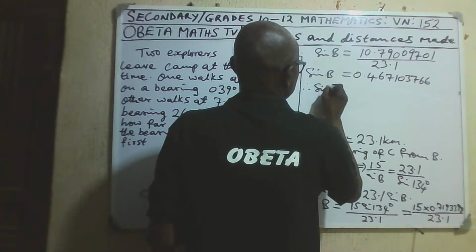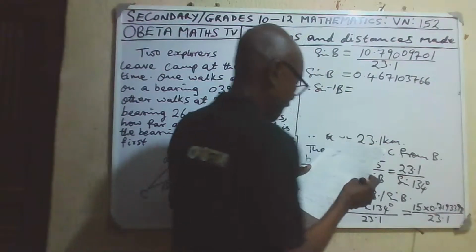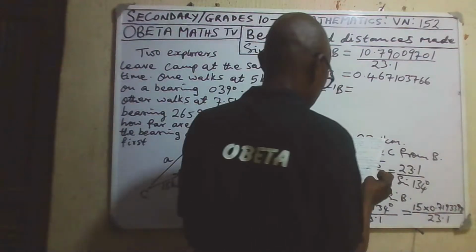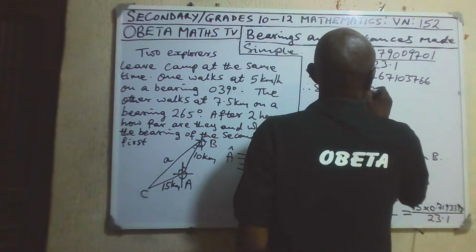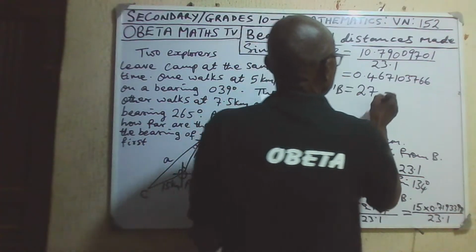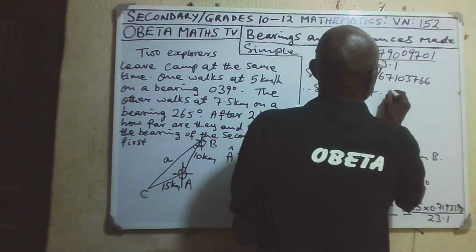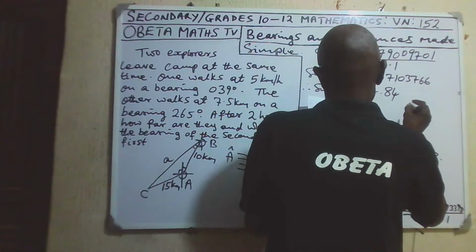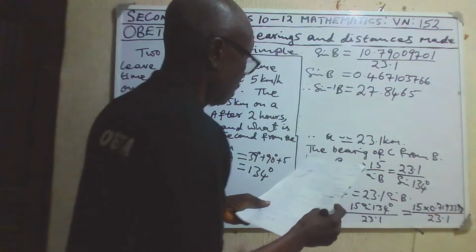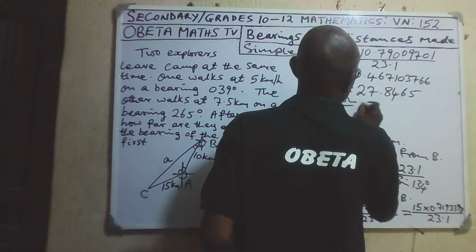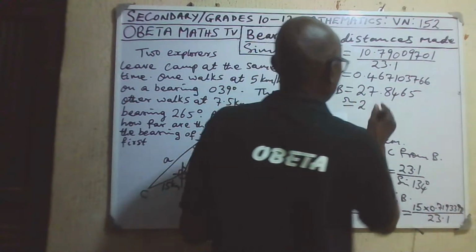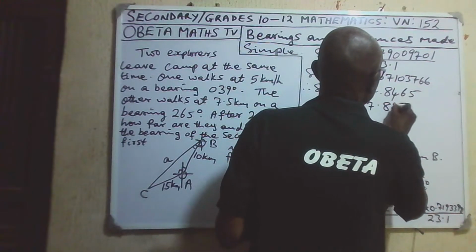Therefore, sine inverse, that is checking the particular angle, will give us 27.8465 approximately, and that will give us finally 27.8 degrees.